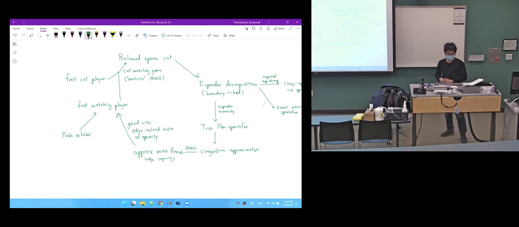And using the ball growing argument, we can say that by push relabel, you can either find a flow or you find a sparse cut where the sparsity is low conductance. Push relabel is not good for any notion of sparsity, but it's fast, and it's good enough when it is about low conductance cut.